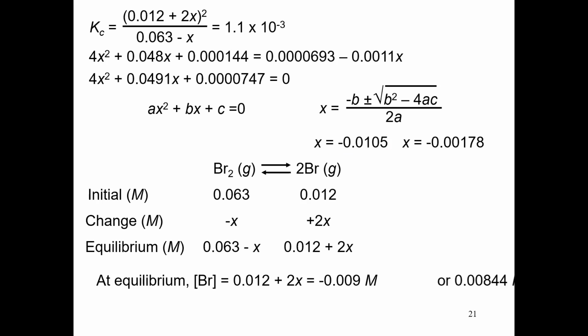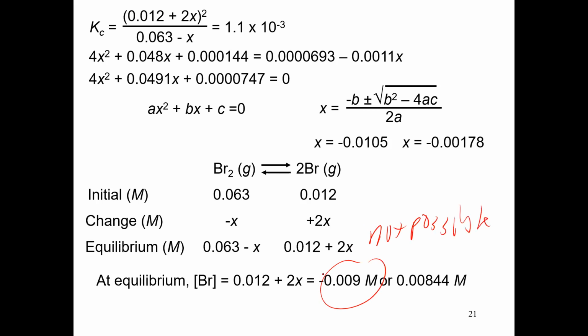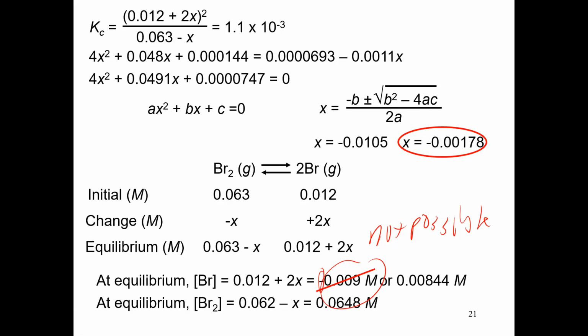Okay. Or 0.0844 molar. Why is that not possible? Well, because it's a negative concentration. Doesn't work. So the other one will be 0.0084. So basically that X will be the one that will work correctly.